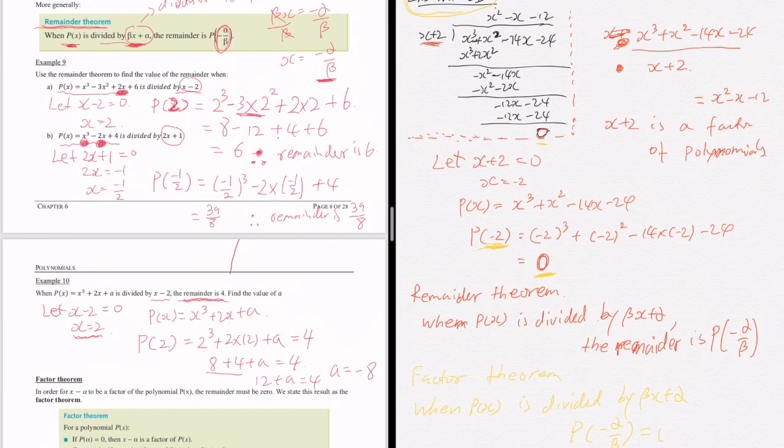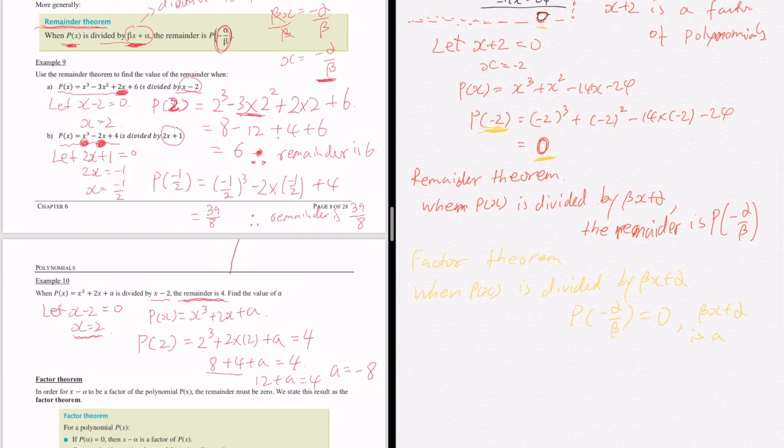If you get 0, that means beta x plus alpha is a factor of the polynomial p of x.